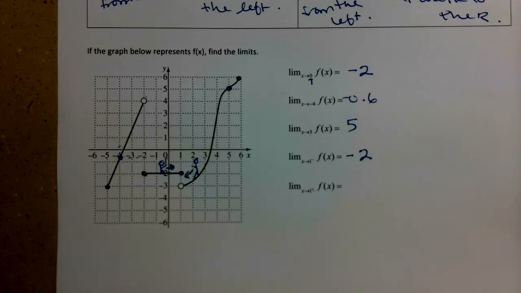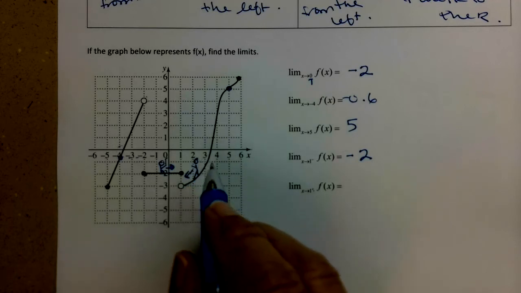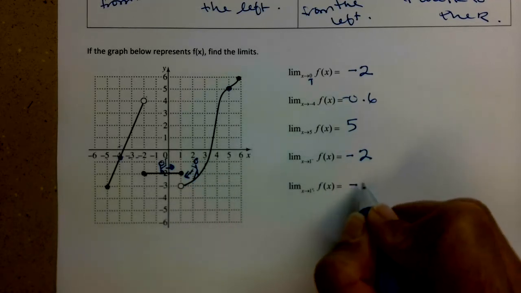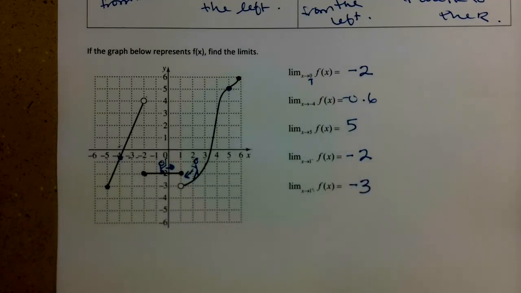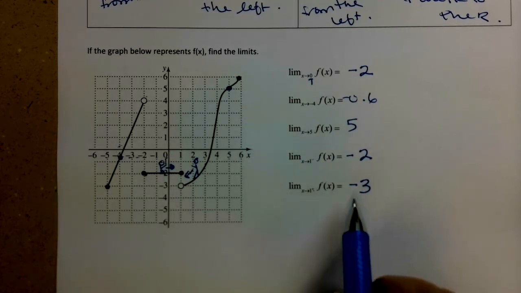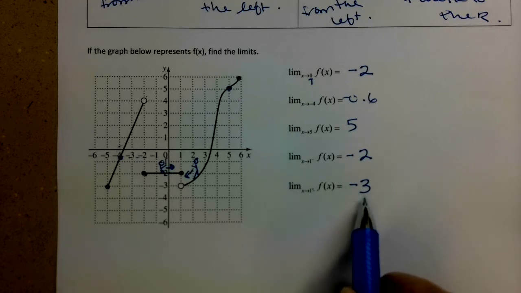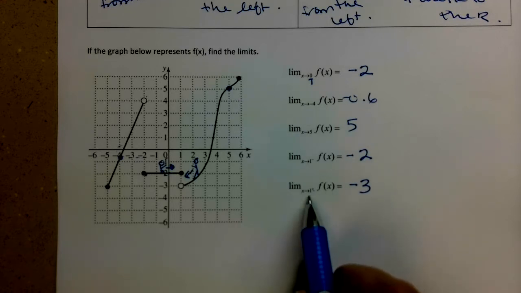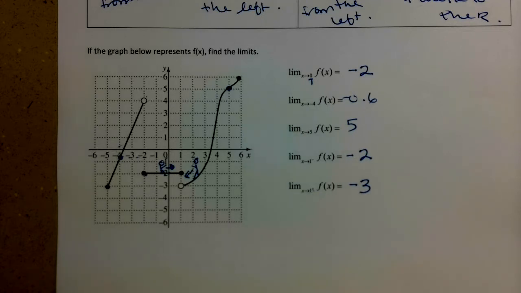I'm not really interested in what happens exactly at x equals 1. I just want to know, how is f trending? What is it headed towards? It's headed towards a y value of -3. Even though that's not what it actually equals at x equals 1, that's what it's tending towards as we approach x equals 1 from the right.